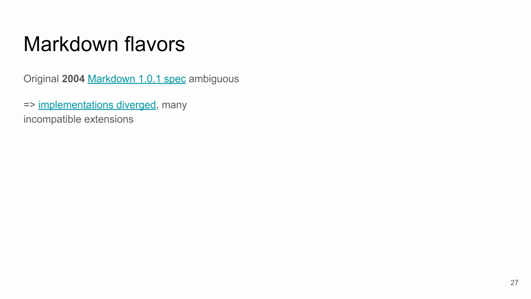Now, this was the basic Markdown document specification as written in 2004. However, the way it is written, and you can take a look, it's quite an easy reading. It is ambiguous, which means that when you are actually trying to write an implementation according to this specification, you have some choices that you need to make as a developer.